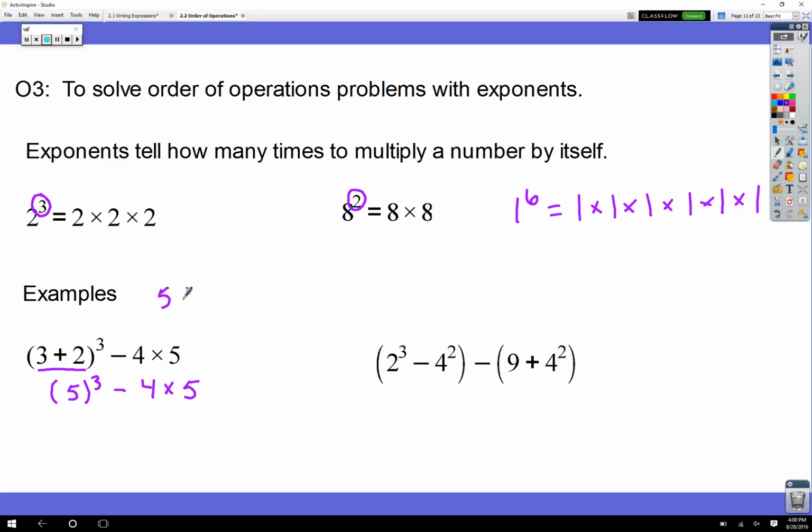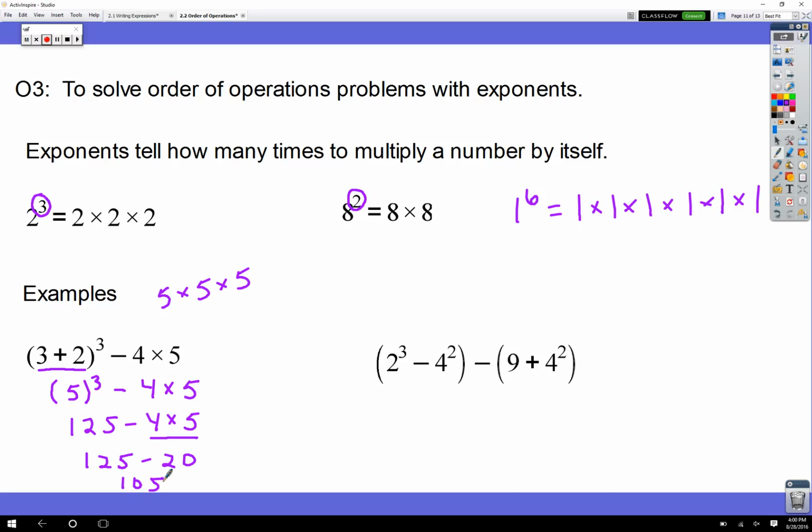Just write this up here if you need to see it. 5 times 5 times 5. 5 times 5 is 25, times 5 is 125. So we have 125 minus 4 times 5. Now I'm going to do my multiplication and division. 125 minus 20, and that equals 105.